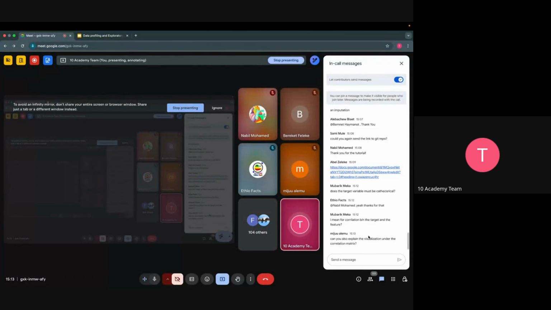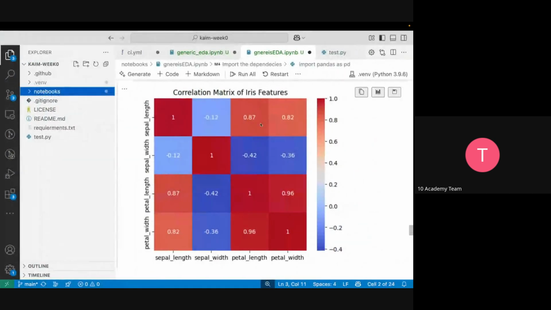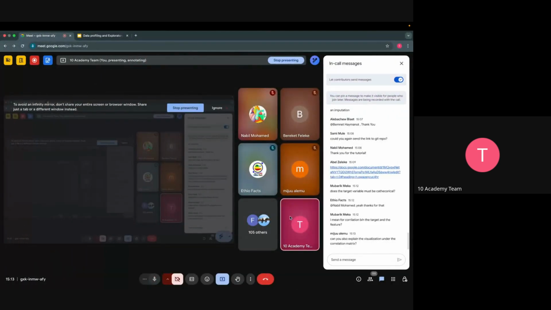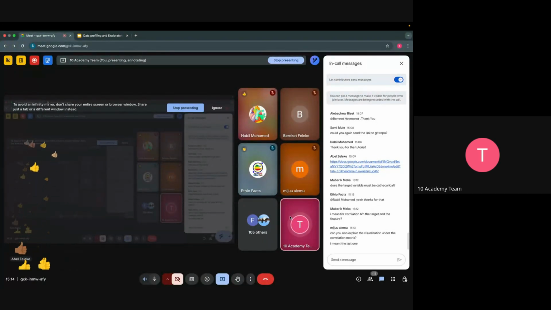This is the correlation matrix, which I just explained. Okay, so is that clear, guys? Is everything clear? Any questions? Anything that's not clear?